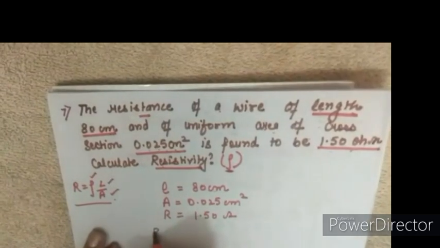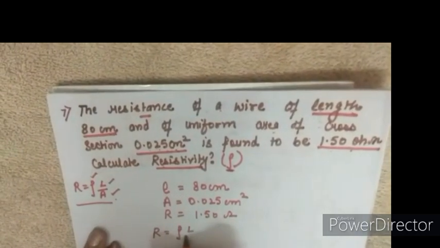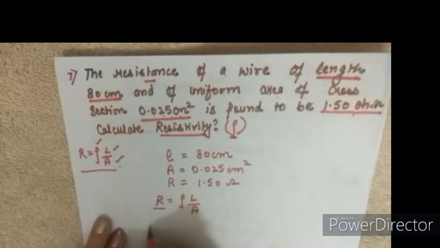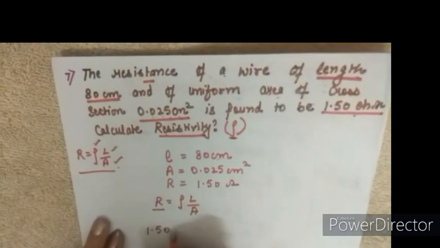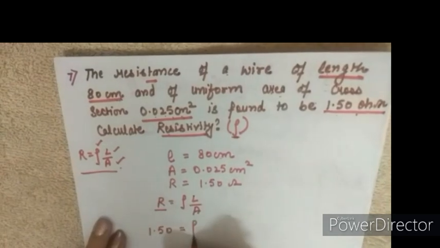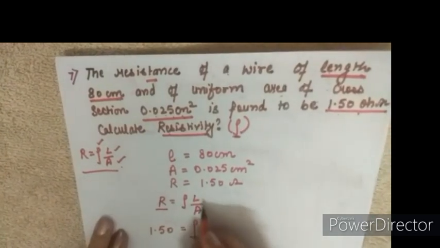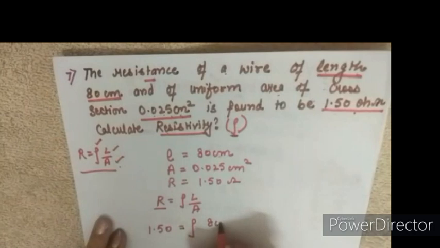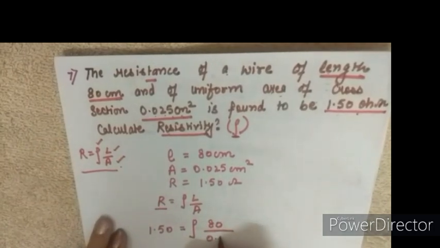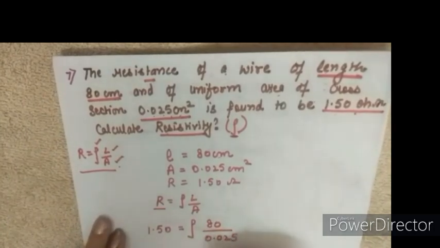Put the formula R is equal to rho L upon A. So what is R? It is 1.50. We need to calculate the value of rho. So take it as it is. Length is 80 centimeter and area is 0.025.